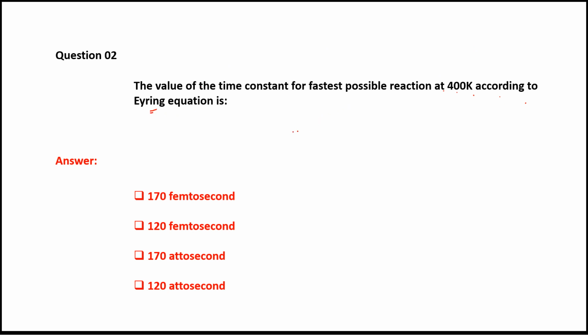According to the Eyring equation, which we had discussed, the value of K, the rate constant, is equal to k_B T by h times Q star upon Q_A into Q_B, times e to the power minus E_A by RT.